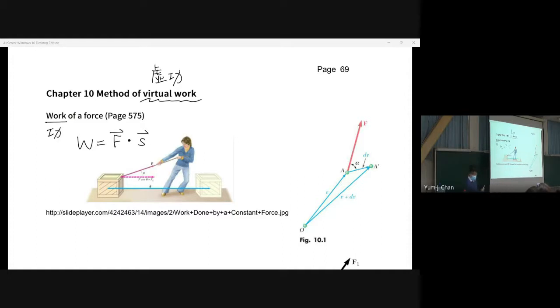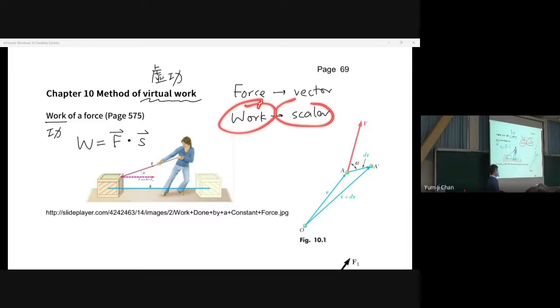Remember, in this, of course, we know force is a vector, but work is a scalar, and it has no direction. Okay, work is a scalar, not a vector.